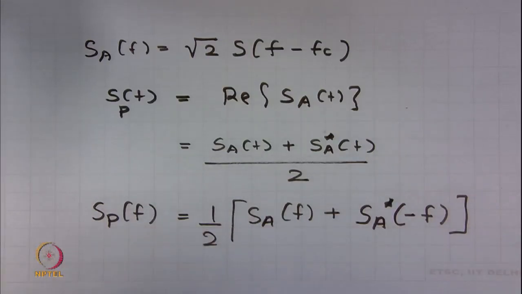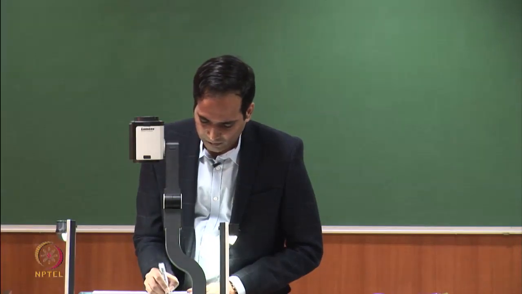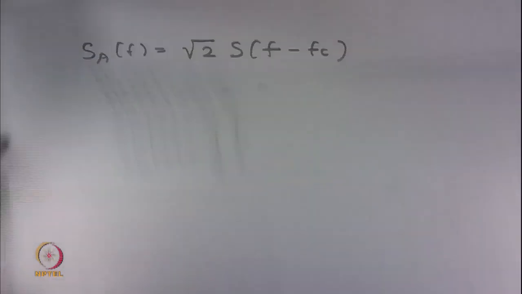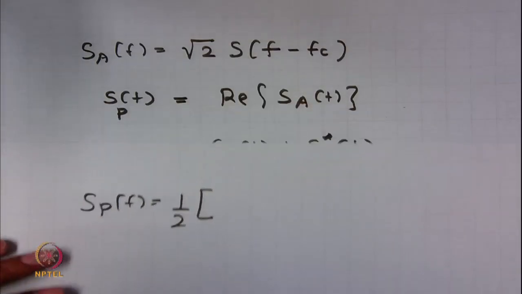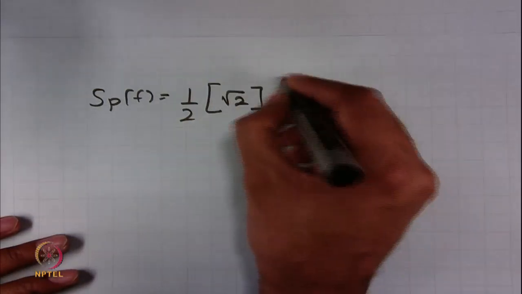I would not prove this, I would simply use this, and from this we can say Sp(f) would be half Sa(f). What is Sa(f)? We have already derived. There is a root 2 factor which I would take together.